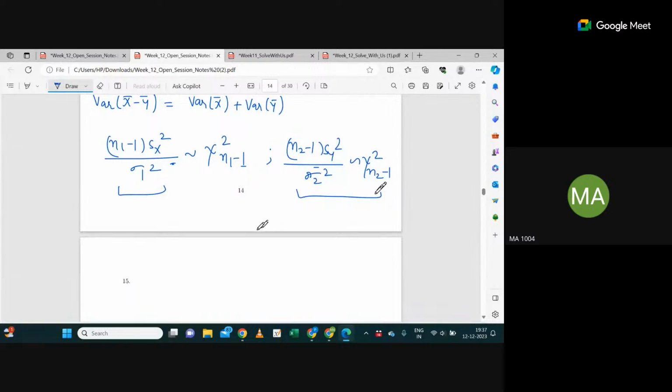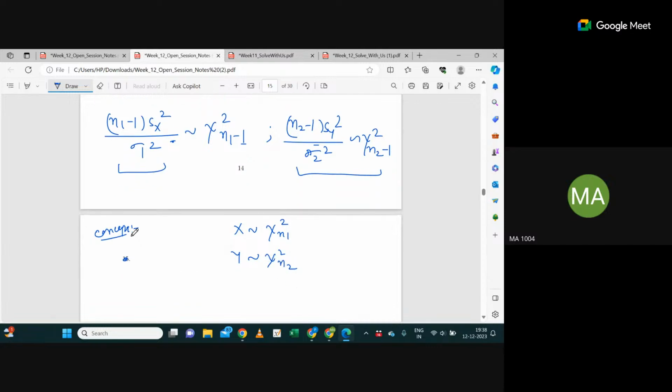Now, there is one concept. Let me give you some idea of that concept. Suppose there are two random variables. One random variable x follows chi square with n1 degrees of freedom. Y follows chi square with n2 degrees of freedom. You can do some research on it.